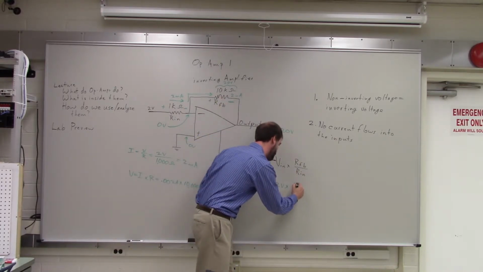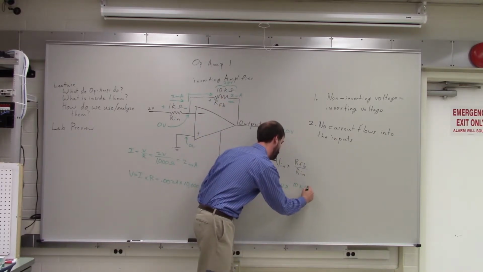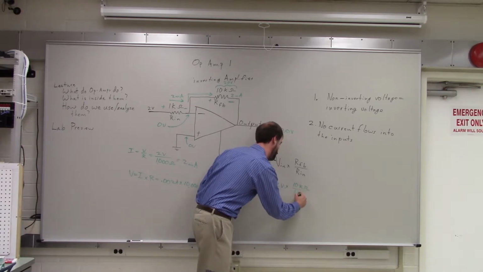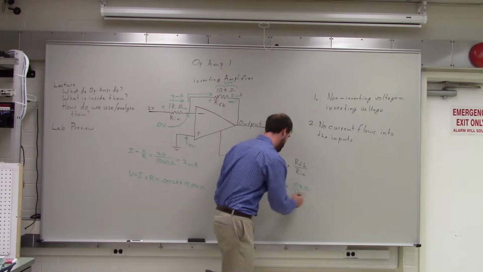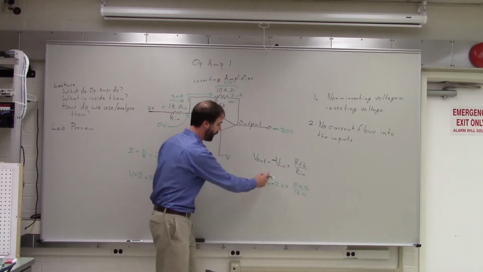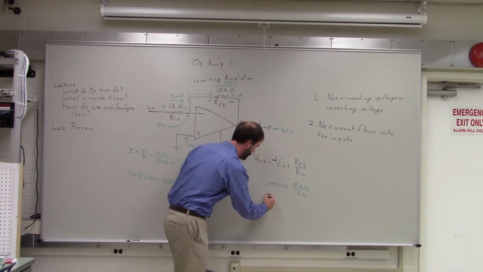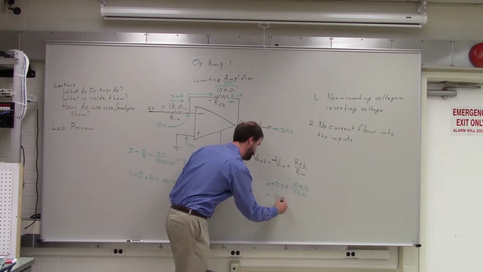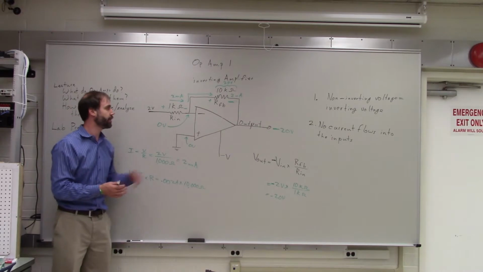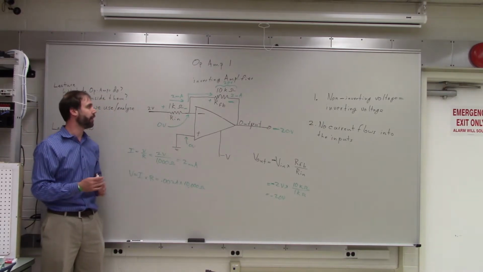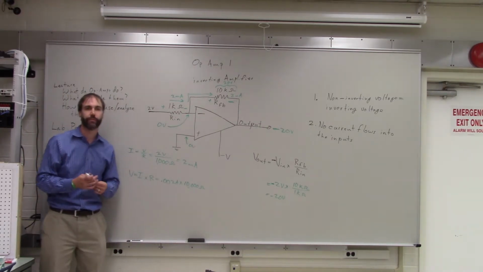So that's 10 kilo ohms over 1 kilo ohm. So that comes out to minus 2 times 10, so equals minus 20 volts, right? So this formula, you can see it checks out with the inverting amplifier that we have.